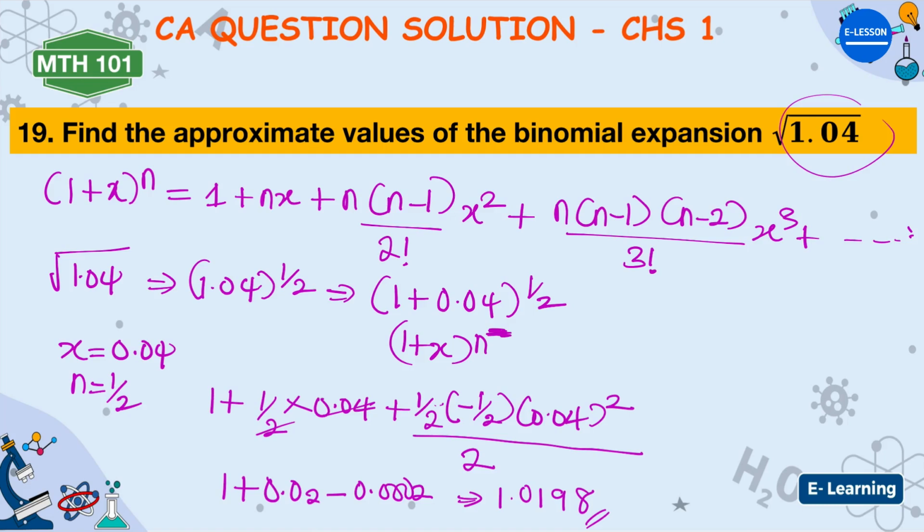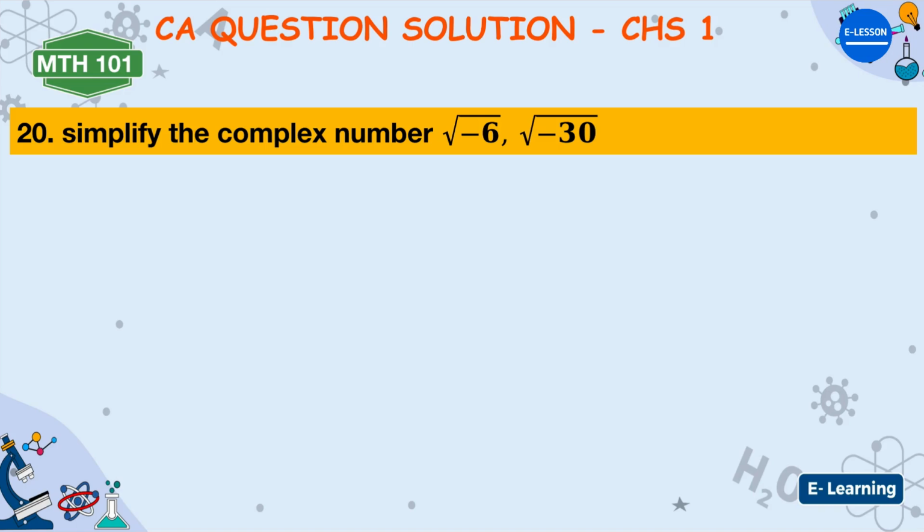All right, so the next one we intend to look at, and that is the last question for this, is the square root of minus 6. Root minus 6 is what, my dear student? It is root minus 1 times 6, which can also be written as root minus 1 times root 6.